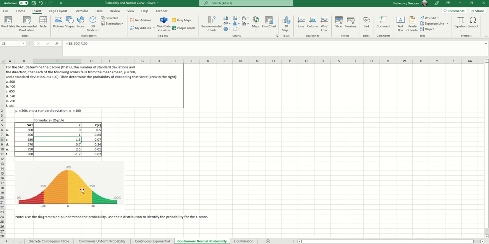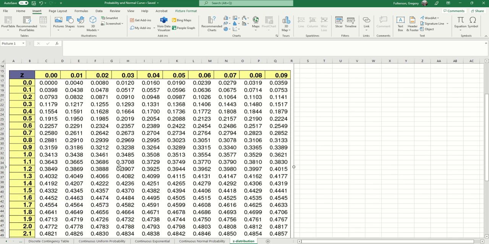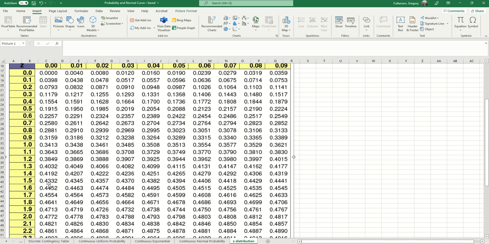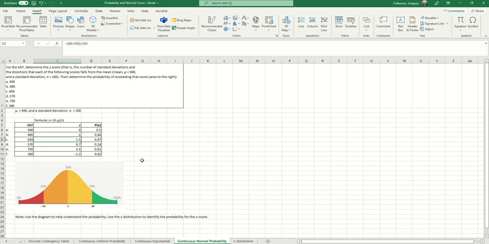And for 1.5, which is going to be way over here, it's almost nobody scores above that, so it's going to be a very small proportion. So it's going to be 0.5 plus the value associated with 1.5 here. So 1.5 is 0.43. So 0.5 plus 0.43 is going to be 0.93. Right? To the left, since it's positive.